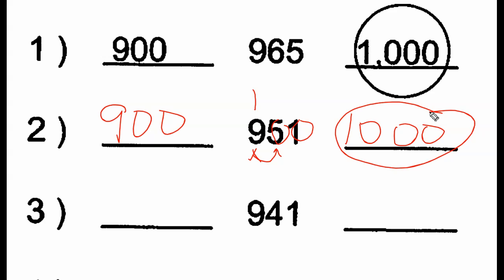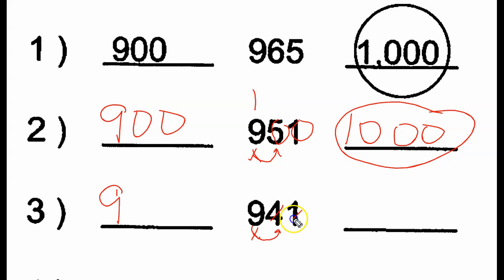Okay, let's do one more. Okay, again, 941. What number's in the hundreds place? 9. I'm right here. Look at the number to the right. What does the 4 say to do? Okay, so the 9 stays the same. That's on this side now.